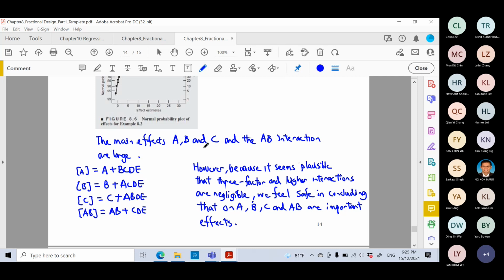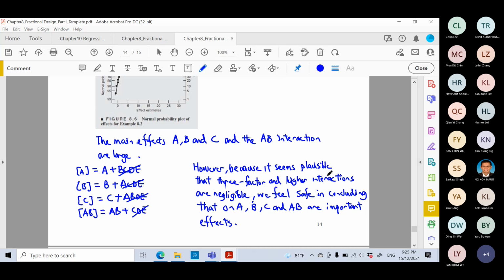If you assume that the 3 factor and higher order interactions are negligible, that means this one we can cancel off, this one we can cancel off, and then this one also we can cancel off. Therefore, we think that the main contributors come from A, B, C, and AB. So we feel safe in concluding that A, B, C, and AB are important effects.